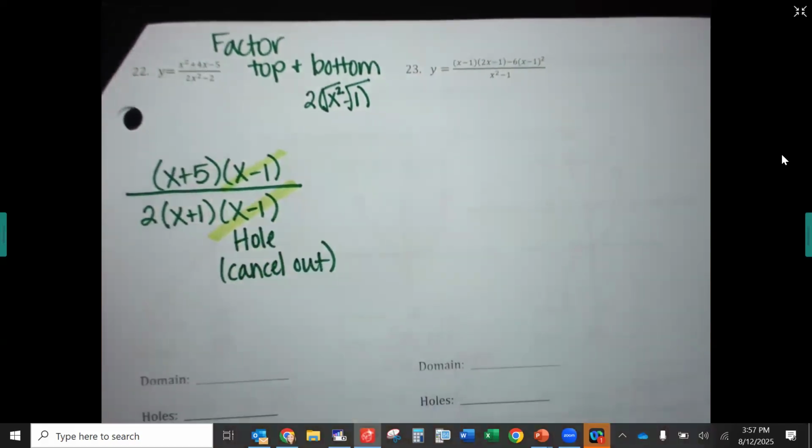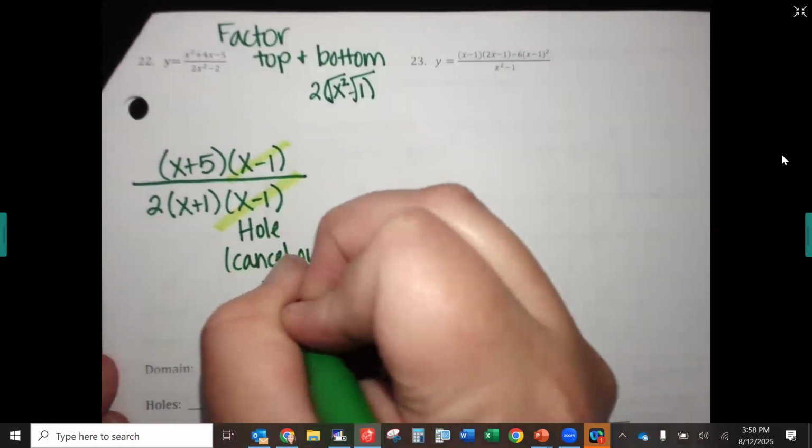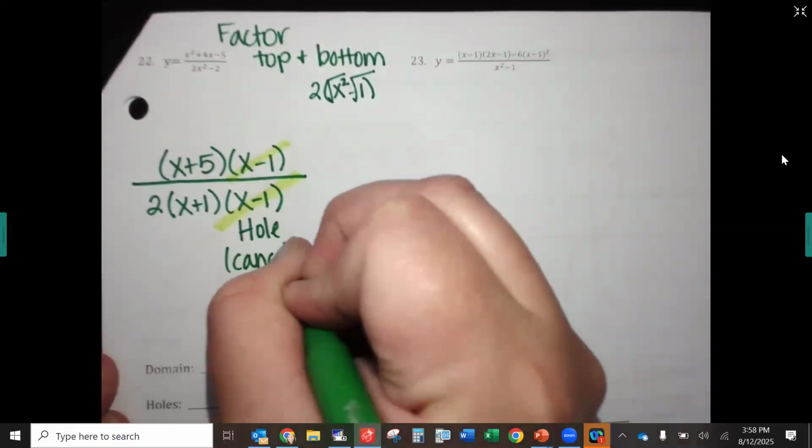Okay, but if you remember, the way that you identify where the hole in the graph is, it's the opposite of what you crossed out. So if I'm crossing out an X minus 1, what's the opposite of -1? So it'd be at X equals +1. Okay?